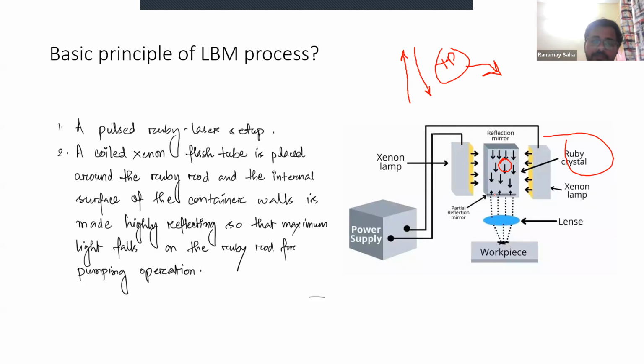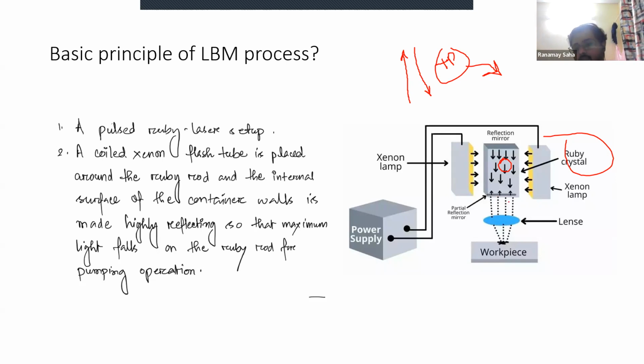It is made of highly reflecting material so that the maximum light falls on the ruby rod at the center for the pumping operation. By pumping operation, you mean exciting the electrons to higher energy levels, and then when they come back to their initial state, photons are released.